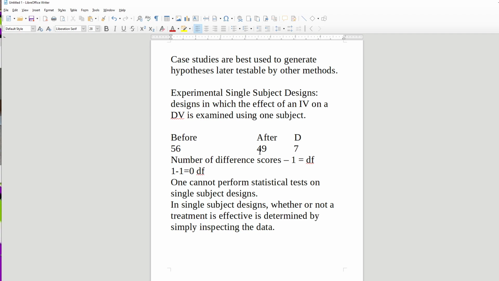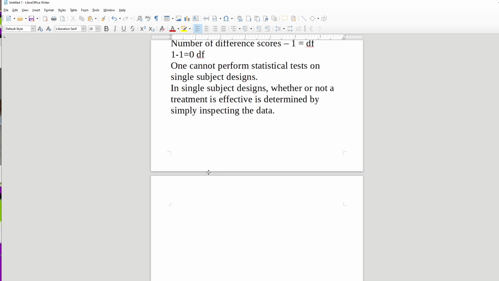And so that's why the people who do these sorts of designs don't do it this way, where they just measure somebody once before treatment and once afterwards. They have ways to try and get around this problem. Data has to be inspected to determine whether the independent variable is effective in a single subject design.